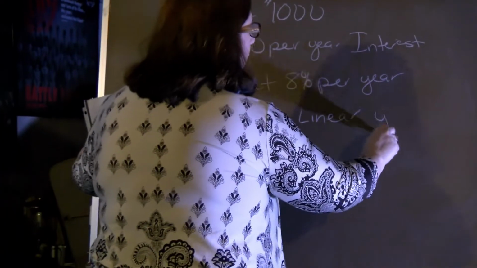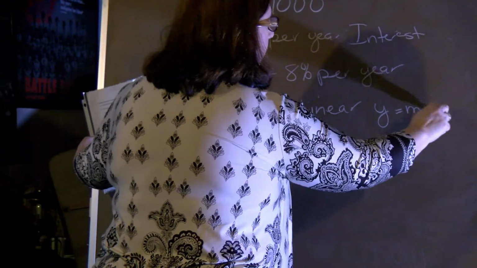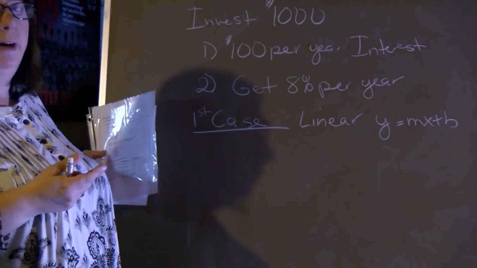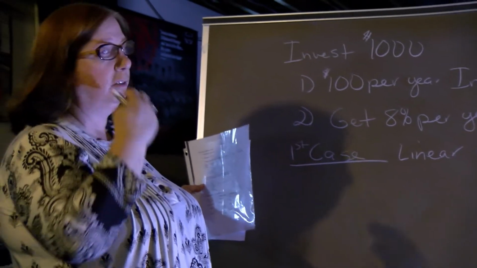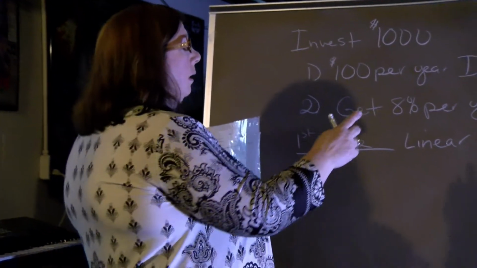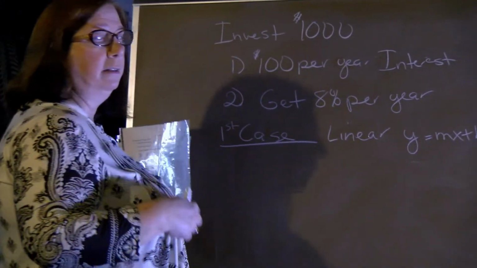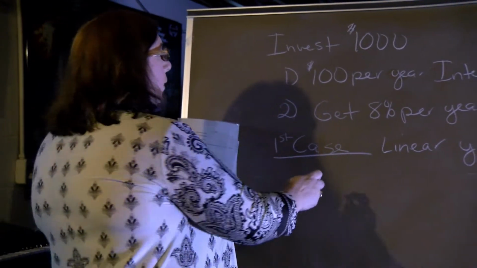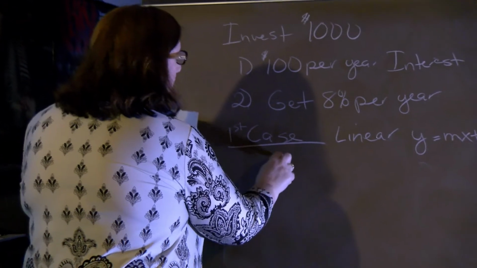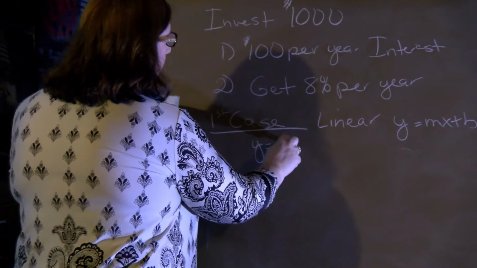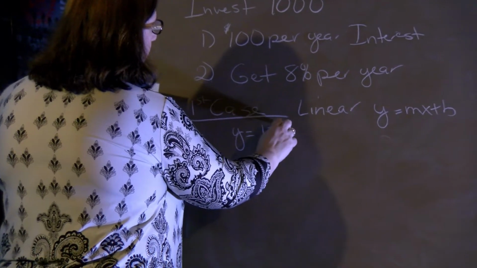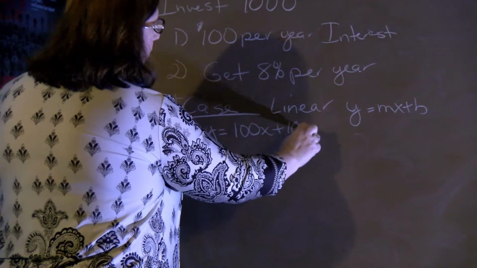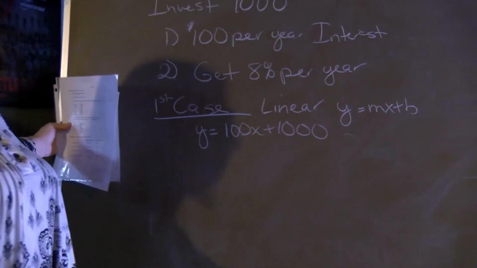Linear means y equals mx plus b. B is our starting amount, or the initial amount, your fixed amount, and M is your rate, the changing amount, which in this case is $100. So to write your equation, we put M. We have this.